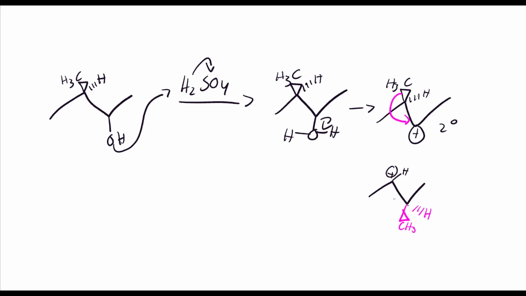Well, what's the problem? The problem is that you have 1, 2, and so that's a secondary carbocation. And you just basically repeated yourself. You wasted energy, you wasted calories writing this down. It's the same thing, right? It's the same thing. What can we do?